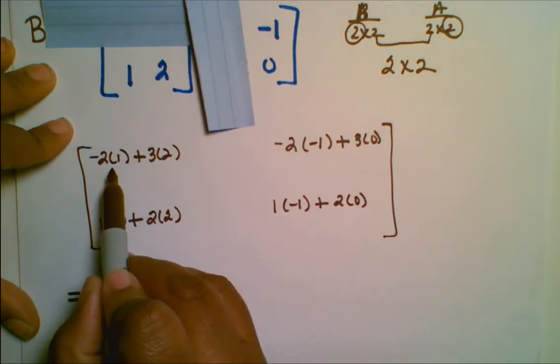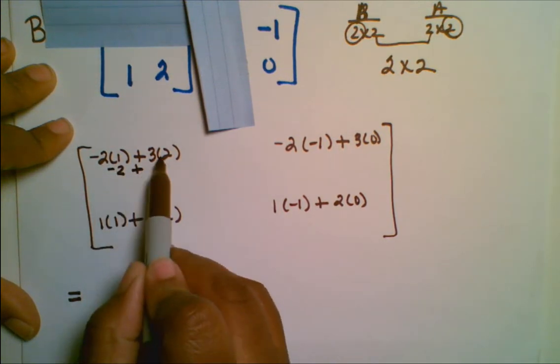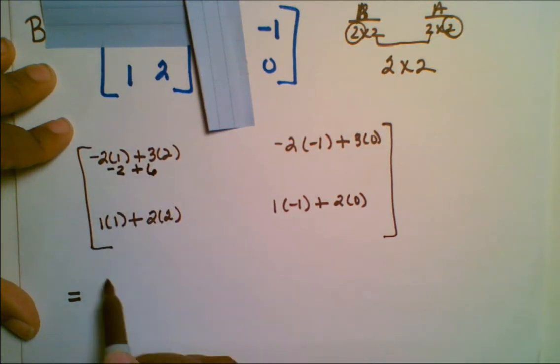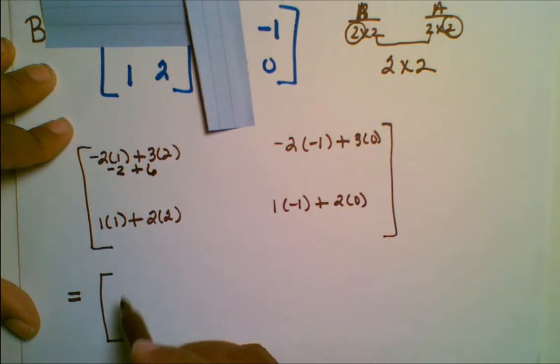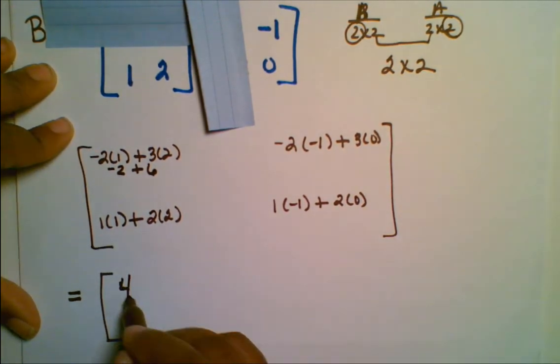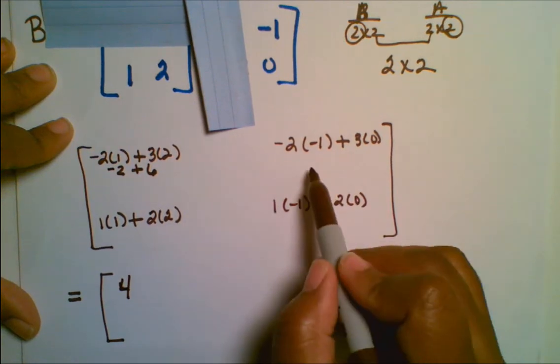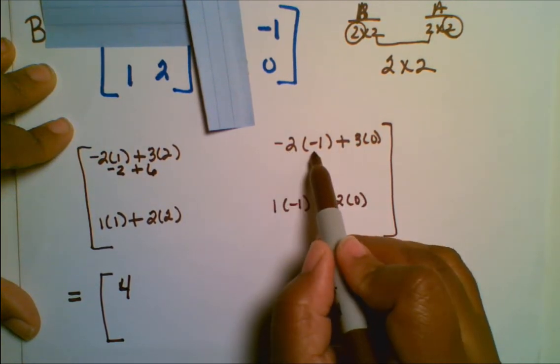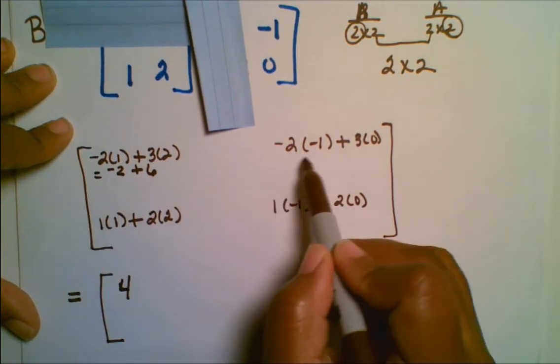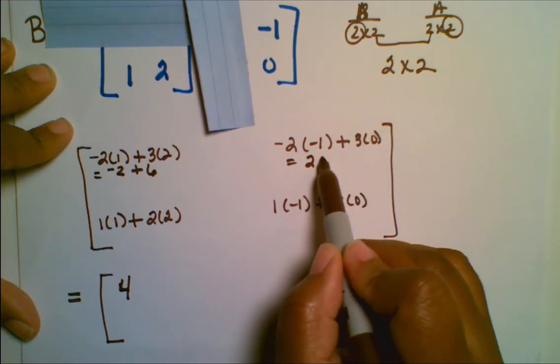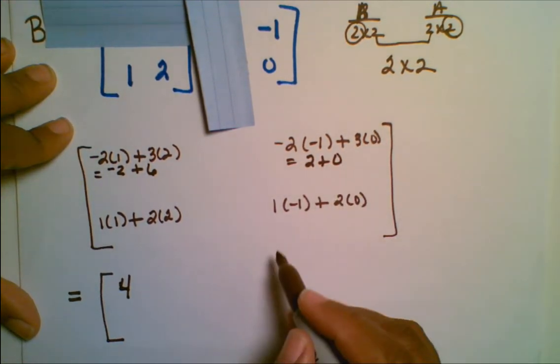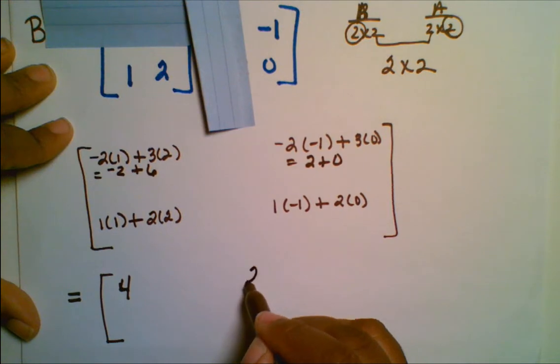Row 1, column 1: negative 2 times 1 is negative 2, plus 3 times 2 is 6. That gives us 4. Row 1, column 2: negative 2 times negative 1 is 2, plus 3 times 0 is 0. That gives us 2.